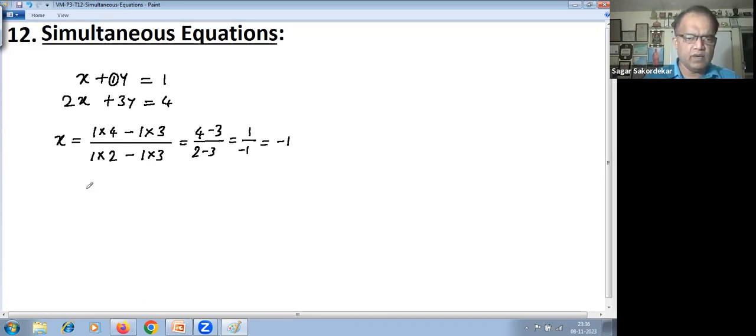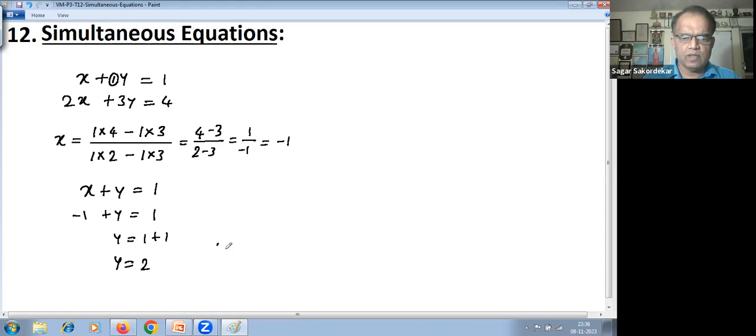Take any one equation, x plus y equal to 1. Substitute the value of x as minus 1. Minus 1 plus y equal to 1. So y equal to 1 plus 1, when you take this to the other side, 1 becomes positive. y equal to 2.